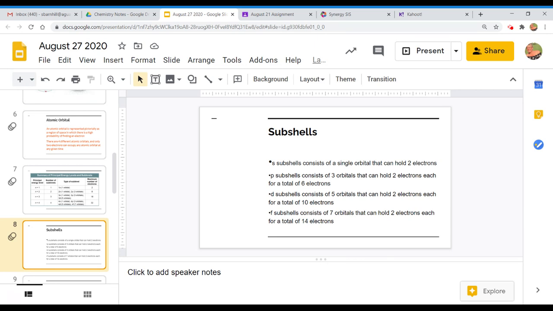And then the F subshells consist of 7 orbitals, and each one can hold 2 for a total of 14.